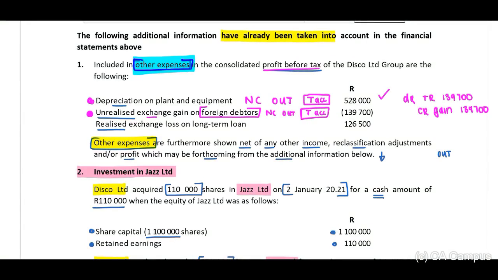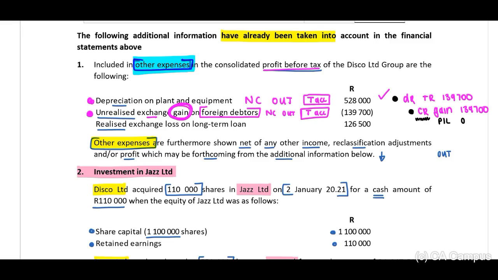Right, if you think about your journal in terms of your unrealized exchange gain, look at this gain. If it's a gain, we will debit our trade receivables and credit our profit and loss. This is a gain. We will credit our profit and loss.